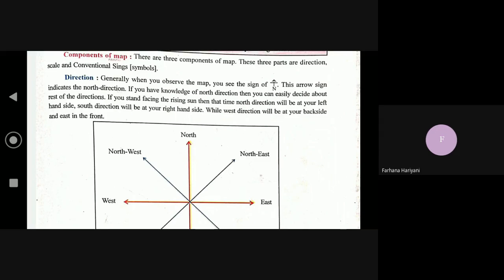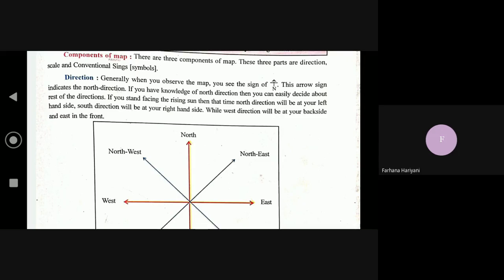Direction. Generally, when you observe the map, you see the sign of north. This arrow sign indicates the north direction. If you have knowledge of the north direction, then you can easily decide about the rest of the directions. If you stand facing the rising sun, then at that time the north direction will be at your left hand side.